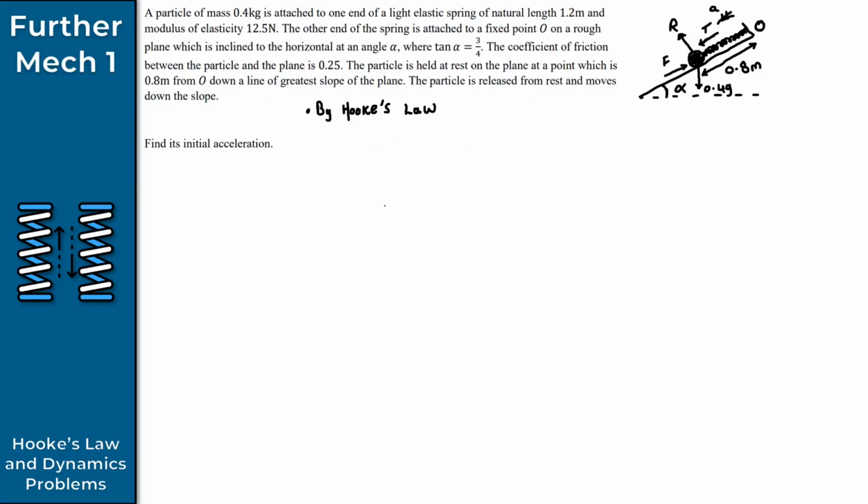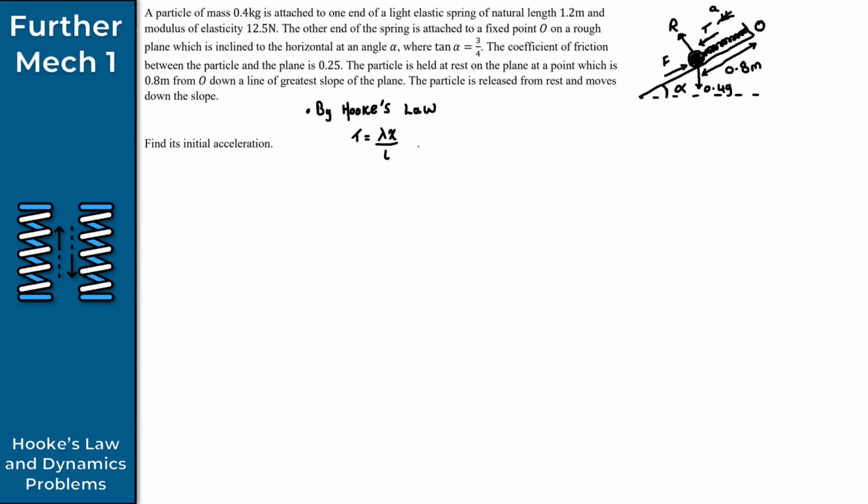So we know by Hooke's law here that T is equal to lambda times x over L. So lambda here is the modulus of elasticity. X, in this case, so again, just be very, very careful, x isn't the extension. X here is the compression, right? The spring is compressed. So x is the compression in the context of this question. And L here just represents the natural length of the elastic spring here, okay?